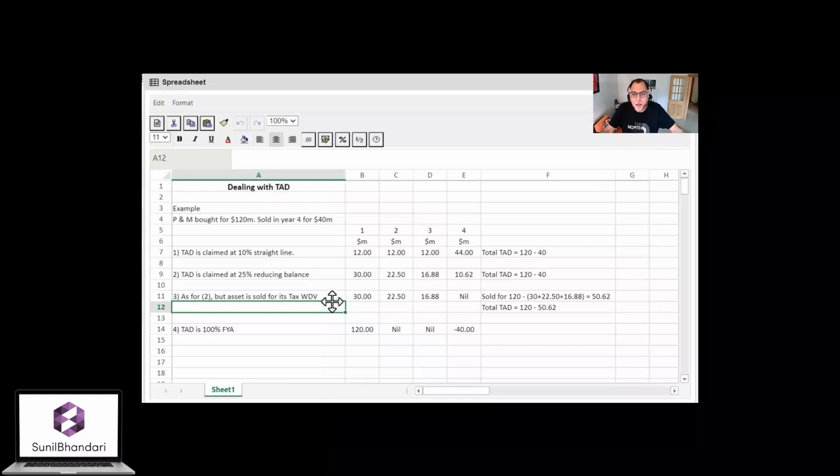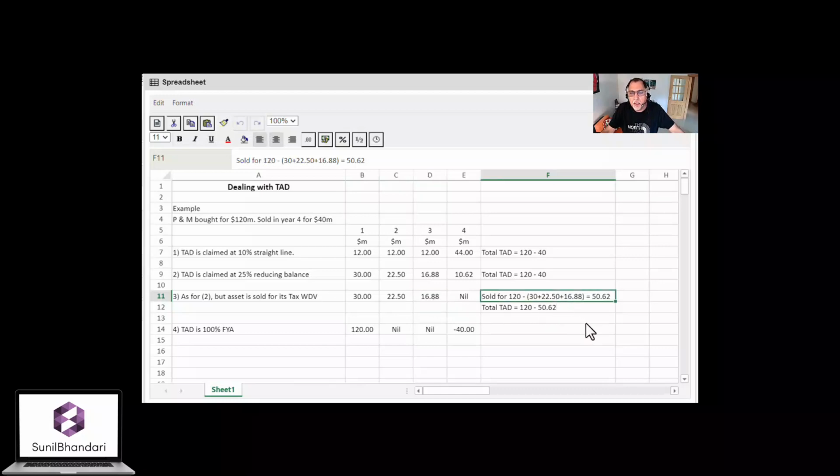So using reducing balance, this is what you do. That's the same, that's the same, that's the same. Right, now if it's sold in year 4 for its tax written down value, you've got to do a short calc to present that. And there is my short calculation.